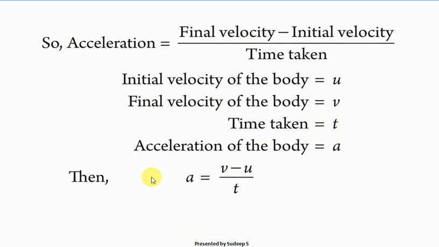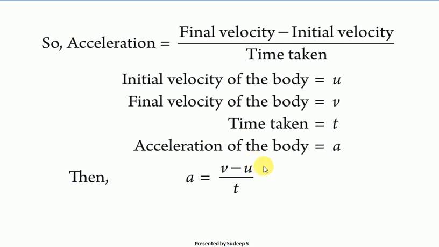So the mathematical equation for the acceleration of the body is a equals v minus u upon t. Remember that v minus u is nothing but the change in velocity. Whenever we talk about change in velocity, we consider final velocity first, and after that initial velocity.